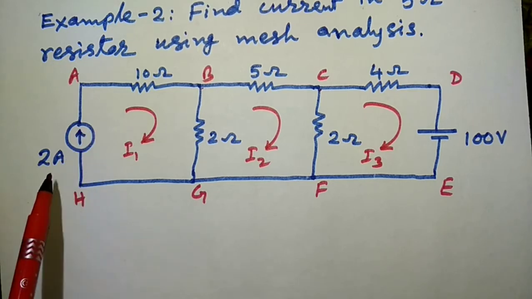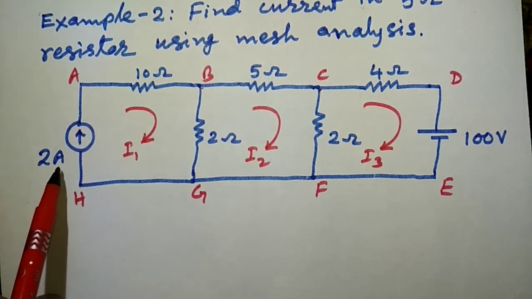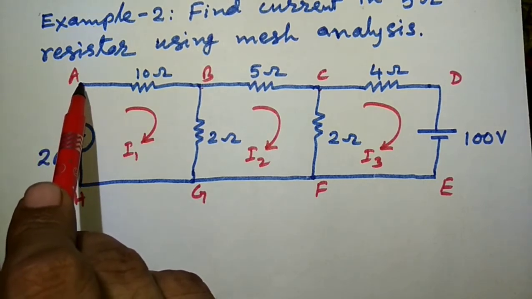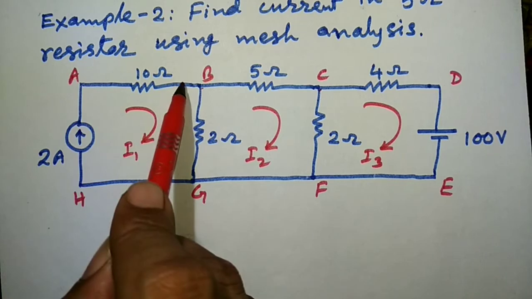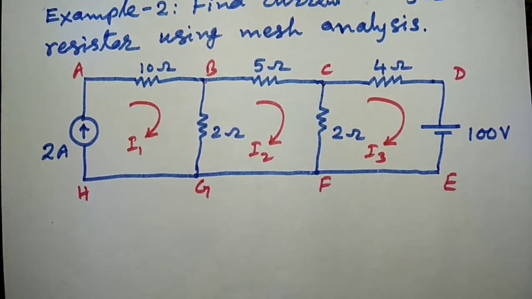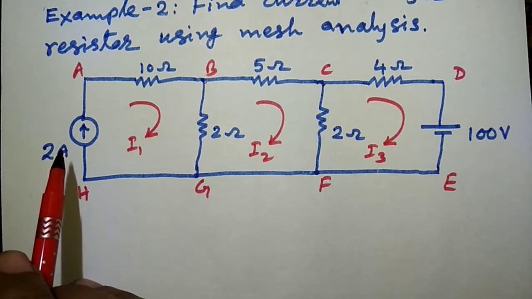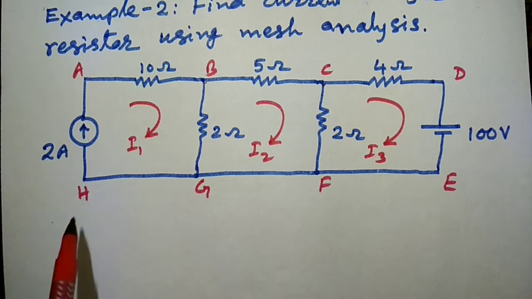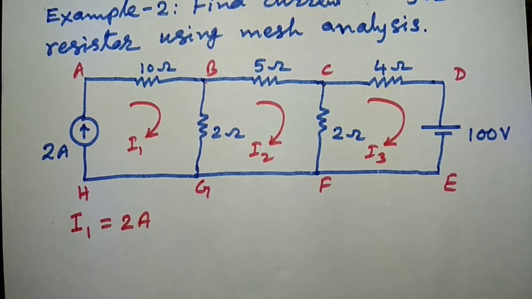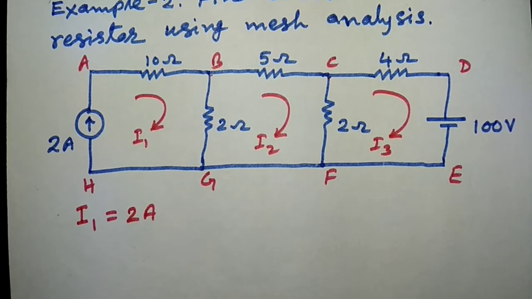We can see that there is a current source in the first mesh, so 2 ampere current will flow through this from A to B. As per the concept of mesh analysis, if there is a current source in one branch of a mesh, then the loop current of the mesh will be equal to the value of the current source. That means I1 equals 2 ampere, which we can write directly.